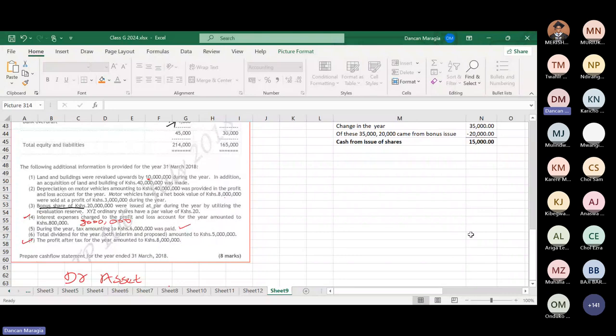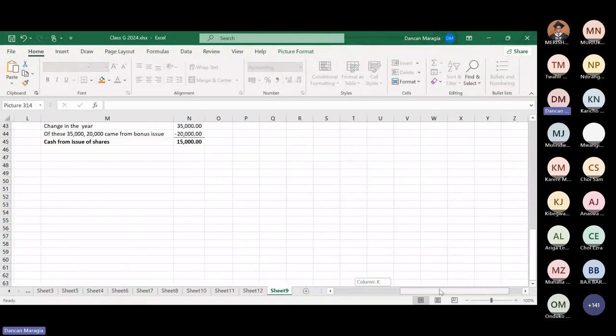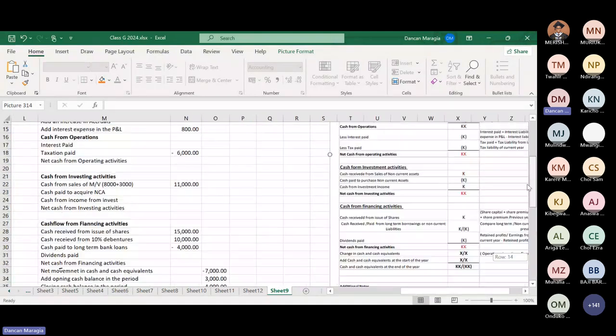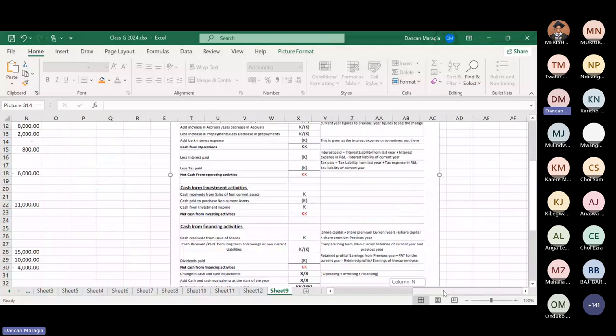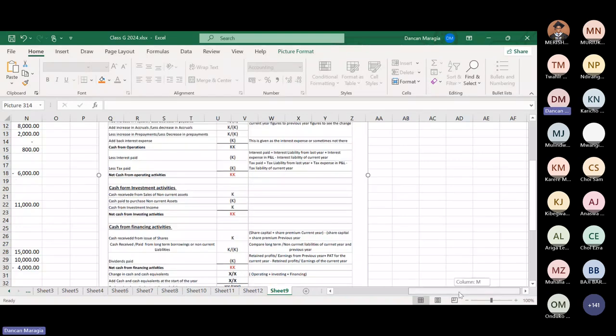Okay, so if there is none, then we come back here where we have tax paid. If you have been given tax paid, probably tax expense is the missing figure. Tax paid equals the tax liability from the previous year plus tax expense in the P&L minus tax liability in the current year. This formula, you are seeing it.